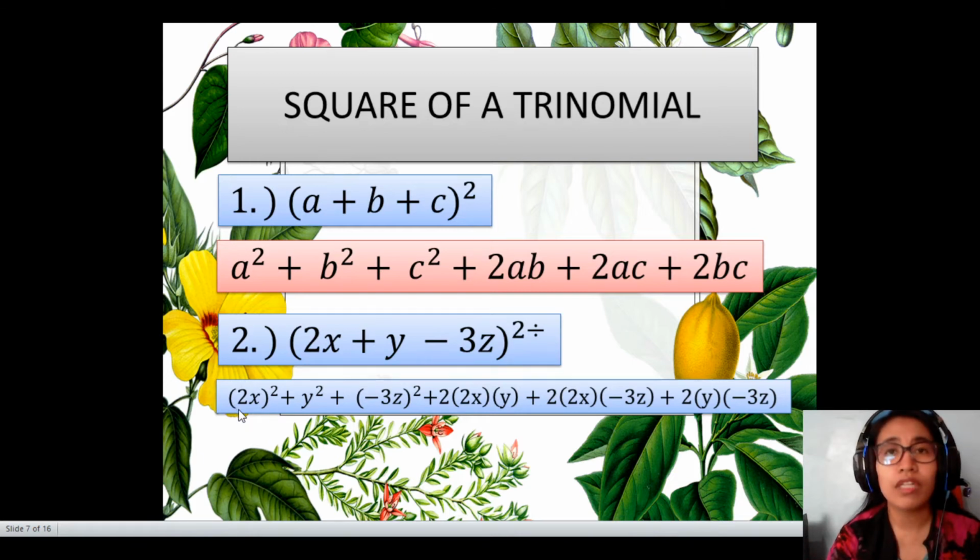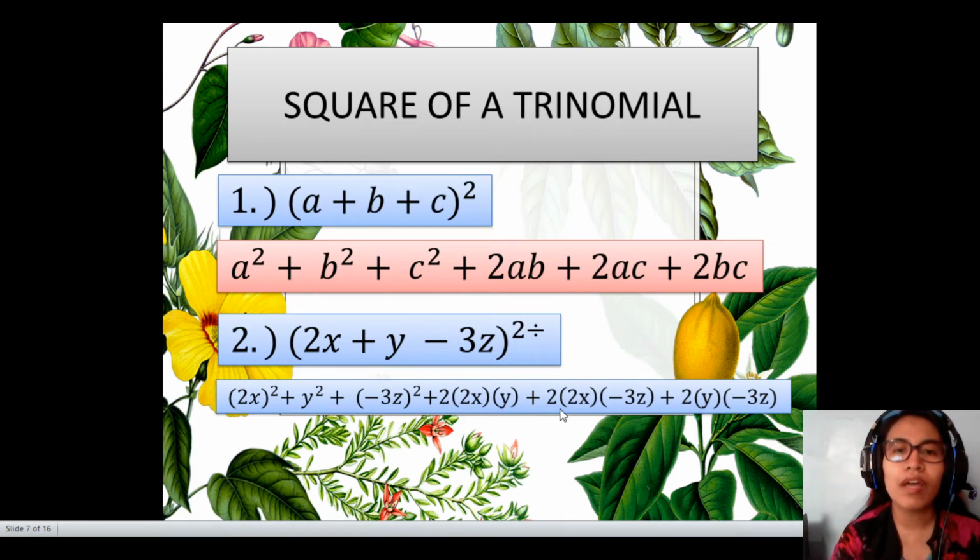2x squared will give us 4x squared. Just copy the plus y squared. Then we have negative 3z squared will give us now the positive 9z squared. Then next is 2x times y will give us 2xy, times the 2 will now give us 4xy.